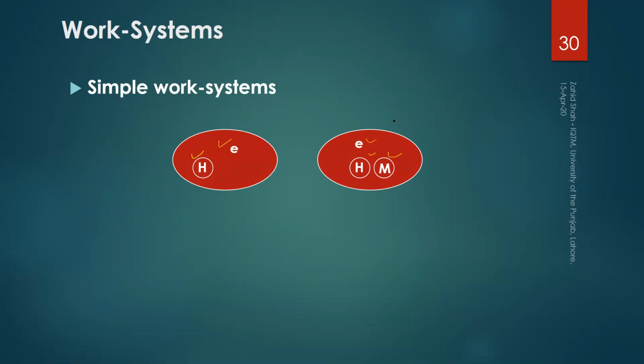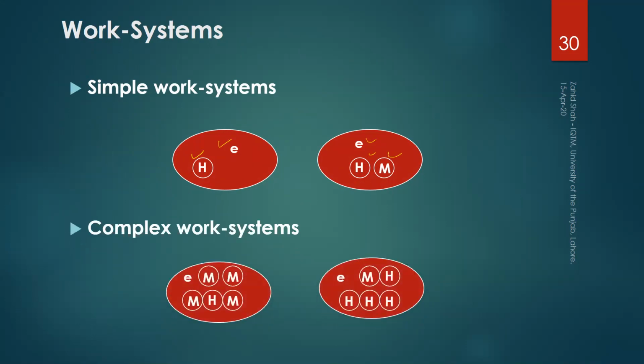And machine could be different things that person is using. And of course, the system can be more complex. There could be, for example, many machines, many equipments in the system, and one human and environment. Practically, we know that all these three things are there: human, machine, and environment. The number can vary, but all three are there.